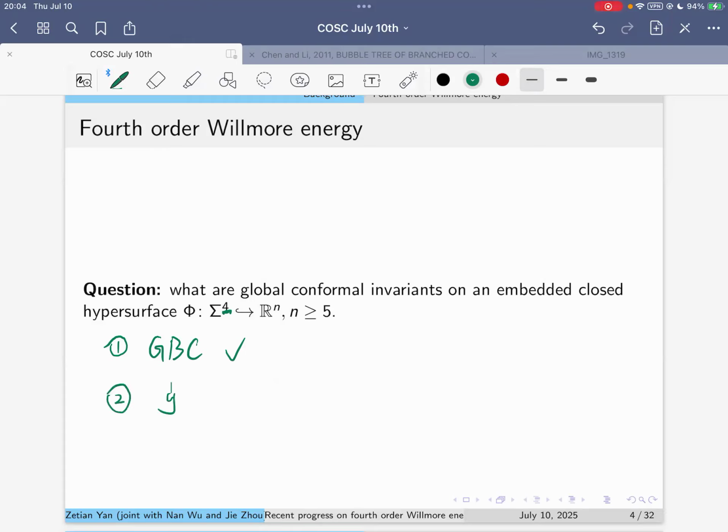Because under the dilation, okay, the volume will be changed like this. And here is the dimension, and here is the original volume.